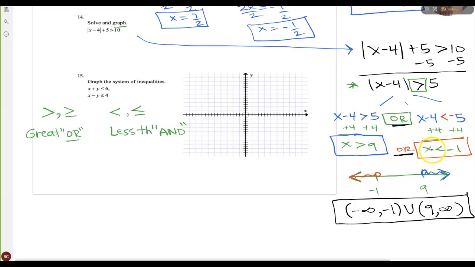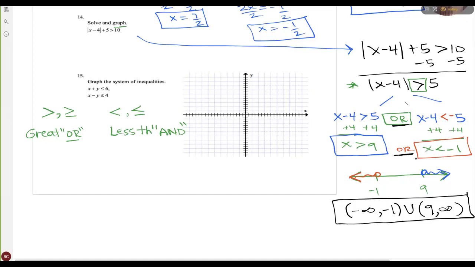Okay. All right. I have a question about that. Can we solve it a different way? What I do is write -5 greater than x -4 greater than 5, and I got the same solution.